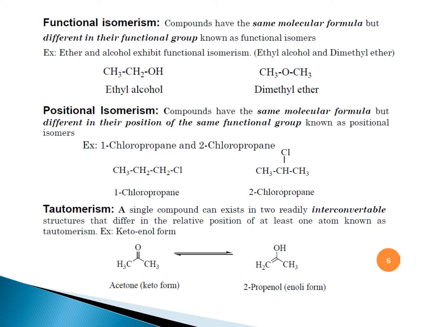Tautomerism: a single compound can exist in two readily interconvertible structures that differ in the relative position of at least one atom, known as tautomerism. Keto-enol tautomerism, the keto-enol form, is the most important example of this type of isomerism.